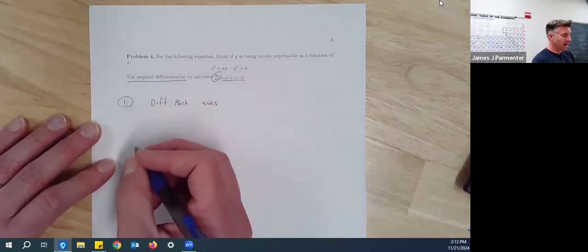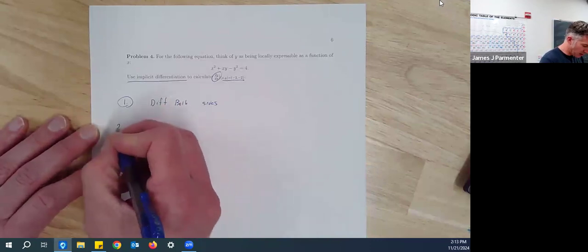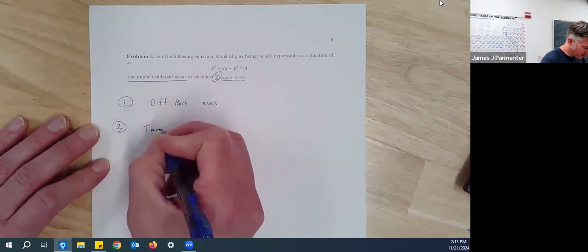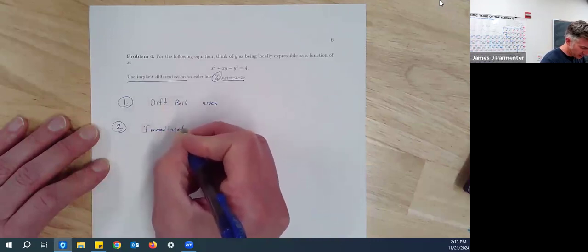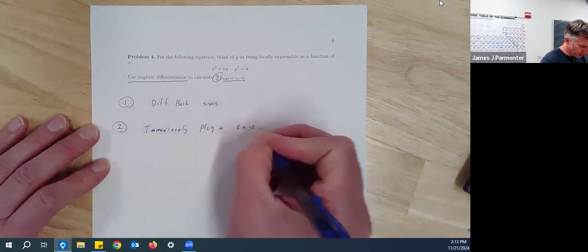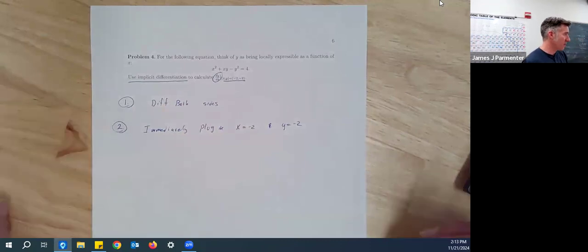Since we're being asked to find the derivative at a particular point, our second step is to immediately, after differentiating, plug in x equal to -2 and y equal to -2. And then lastly, we'll solve for the derivative.